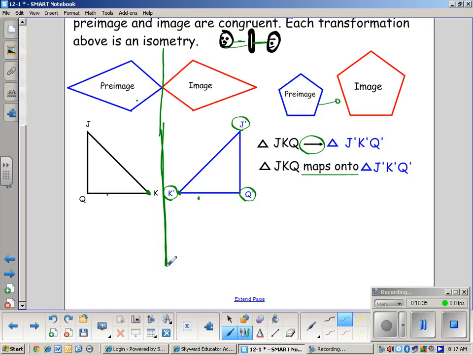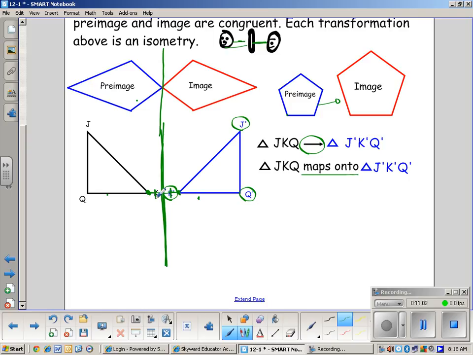What's the relationship between this point and this line? Would it be like the same long distance from the dot to the line? Very good. Emily just said the distance from K to the line is going to equal the distance from K prime to the line. So those distances are going to be equal.